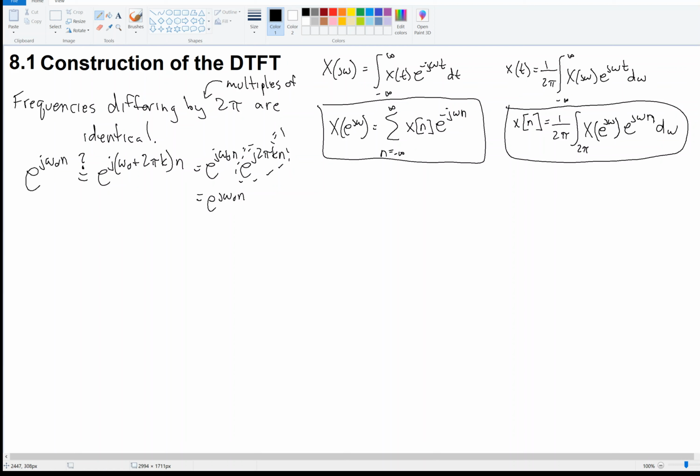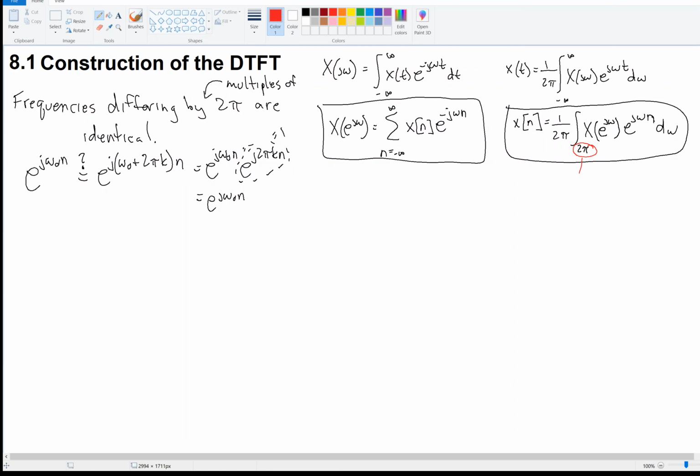Okay, so we already talked about a big difference here. This is one of the differences, right, in calculating the DTFT, and it has to happen now. Here's another big difference related to this.